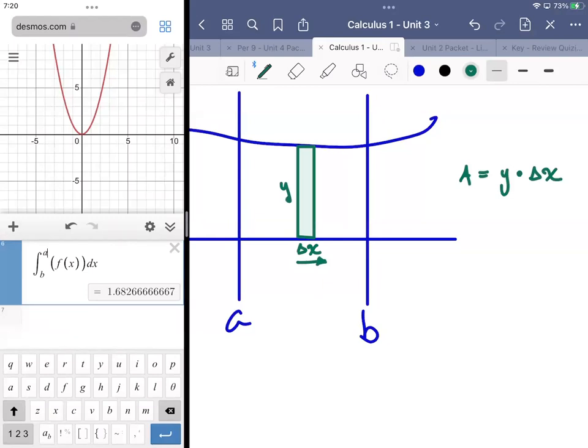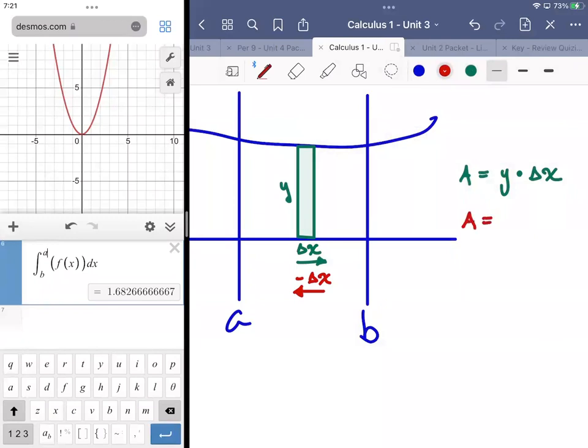But because I'm going from left to right, delta x is positive. So left to right means that it's a positive result. Now, if I go from right to left, I'm changing my direction, the vector quantity, delta x would now be negative.